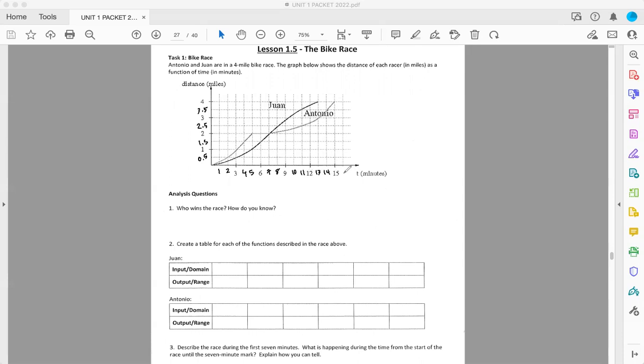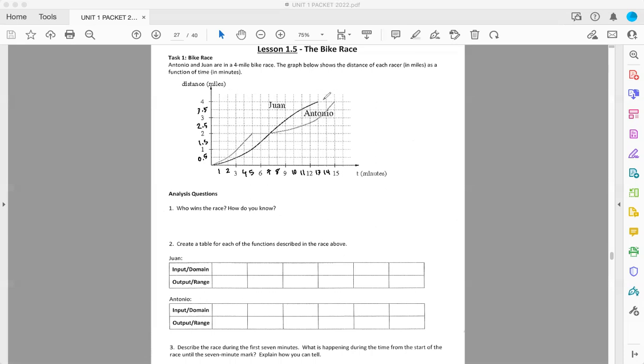Okay? And so on. So the first question is, who won the race, and how do you know? Now, to know when someone wins the race, when does a person win the race, right? The person wins the race when he or she finishes the race in a shorter amount of time in comparison to the other individuals. So in this case, we are looking for the same distance, but one that is completed earlier than the other.